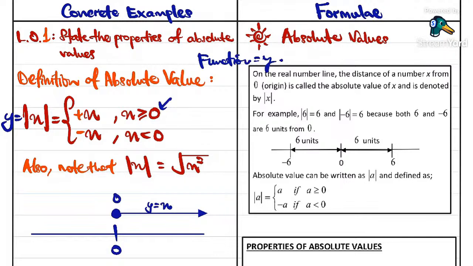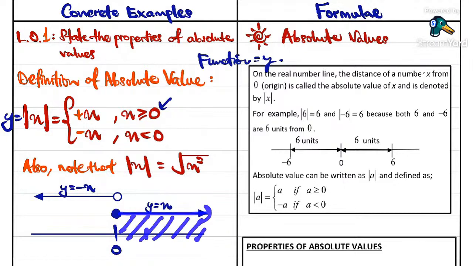Another one is empty circle going to the left. So when it's going to the left, the function is y equals to negative x. So if you can see very clearly here, when it is going to the x value, this is the region where it has a positive value.